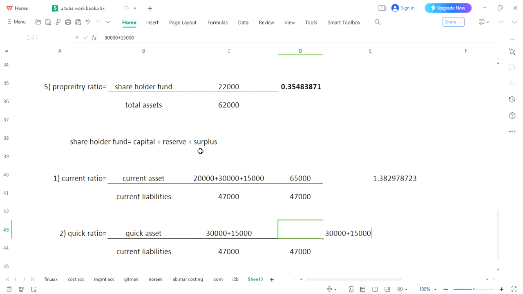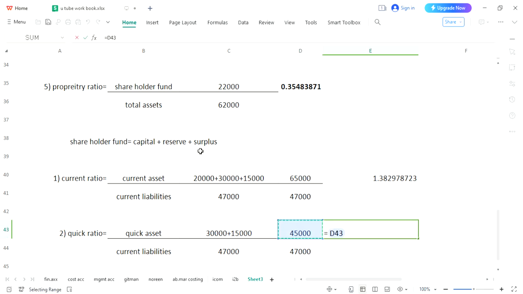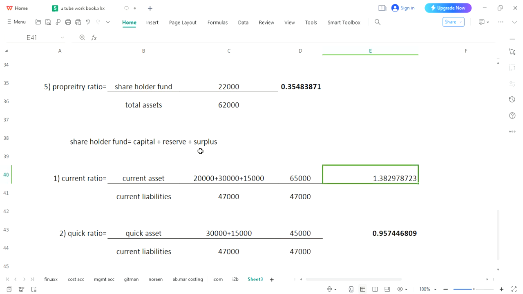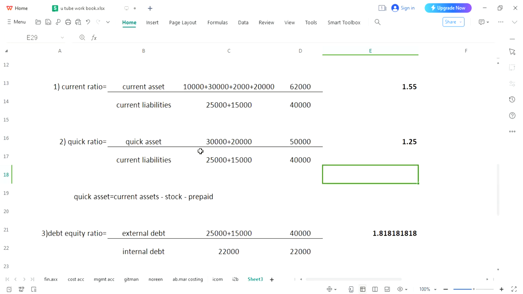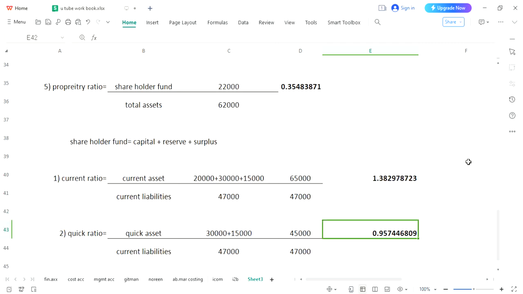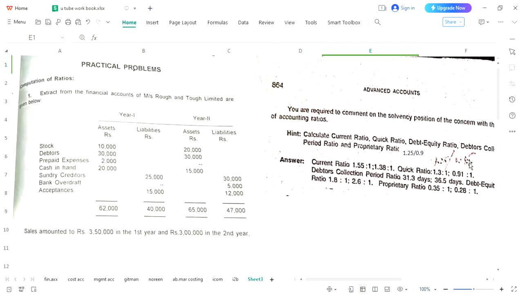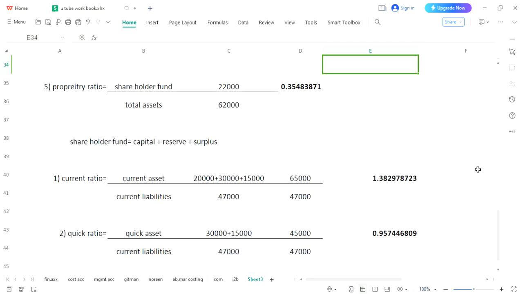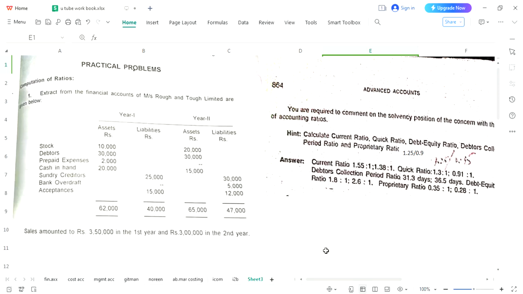First we will see the quick asset sum, and then quick liabilities are already calculated. Put them on your calculator. So we have got our second answer. This is quick ratio for second year, and it is 0.95. Look at here, 0.95 is written, and we have got our answer 0.95. Two ratios are completed.